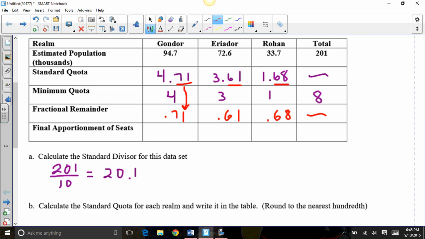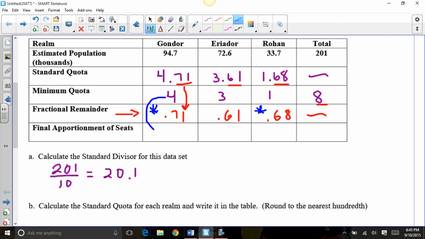Since I have 2 seats left over, because I have 10 to give out and I've only given out 8 at this point, then those with the highest fractional remainders in this row are going to get an extra seat. So as you can see, 0.71 would be the highest and 0.68 would be the next highest. So each of those are going to get an extra seat.